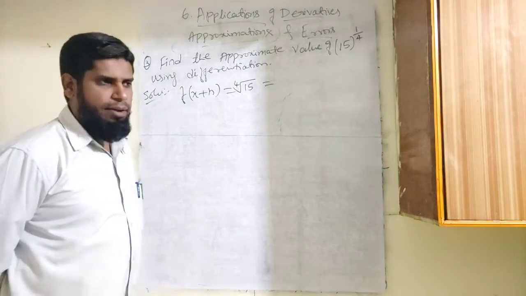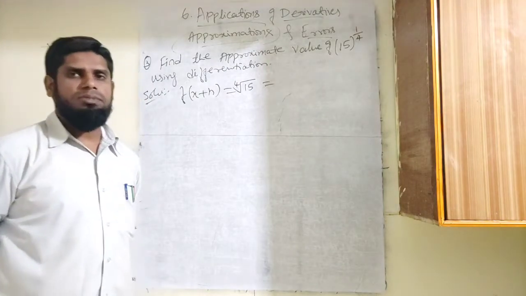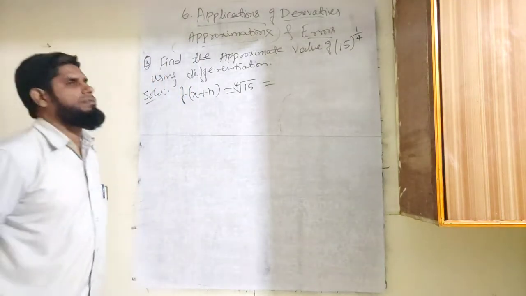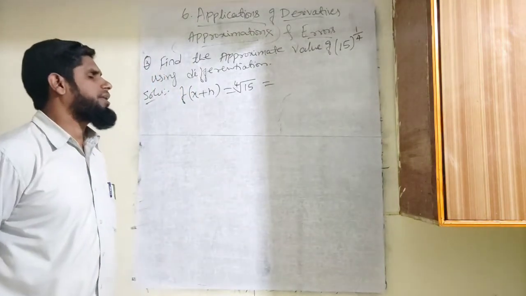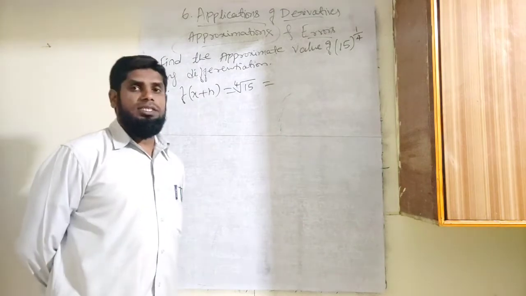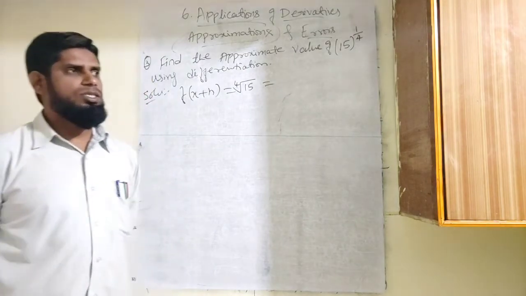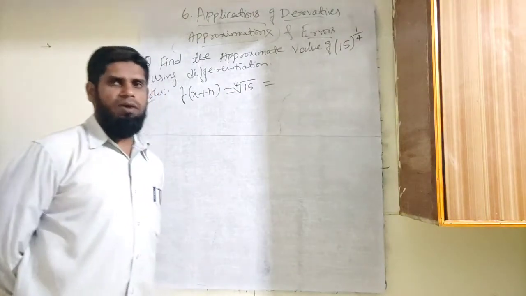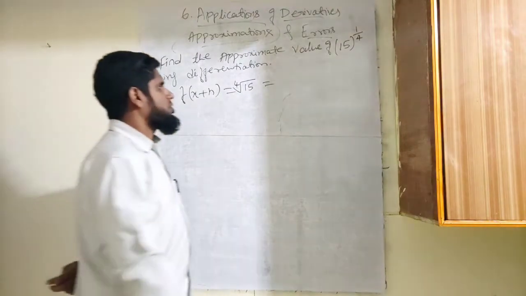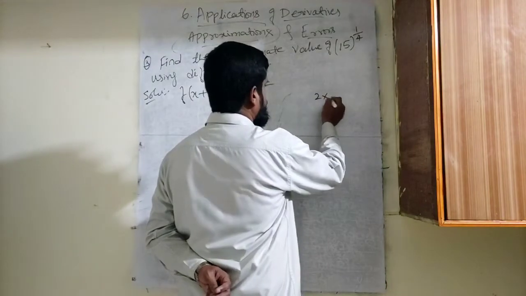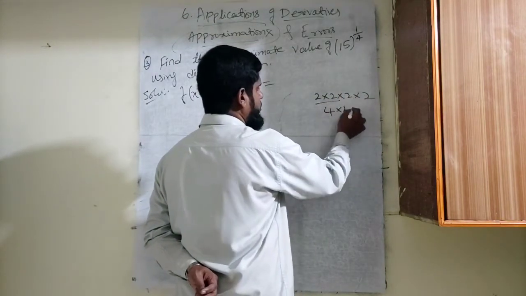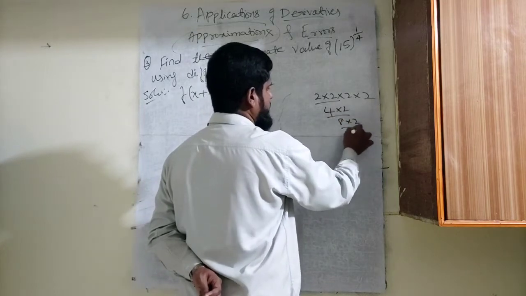Fourth root in the sense a number, if you multiply 4 times, you will get the root. What is that nearer to 15? It is 16, because 2 if I multiply 4 times, I will get 16. So I will take here 2 into 2 into 2 into 2. 2 into 2 is 4, into 2 it is 8, into 2 it is 16.